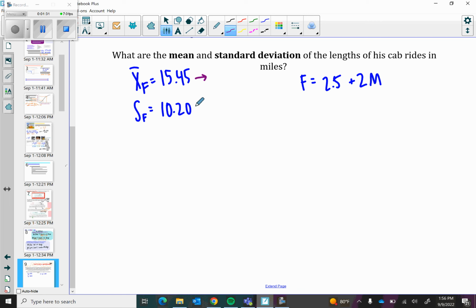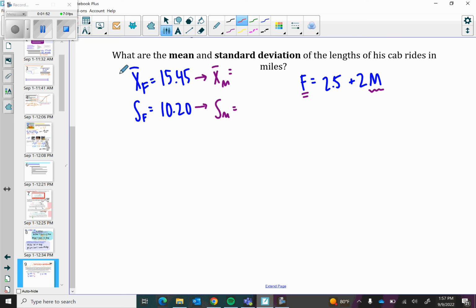So we want to change these from the fare paid to the number of miles. We want to find x bar m and s of m. How are we going to do this? Well, of course, we have an equation that transforms one into the other, but we have to remember what we know about mean and standard deviation and how they change.